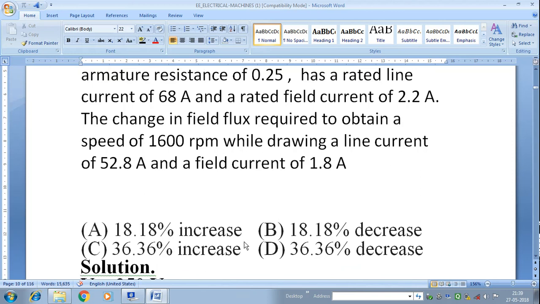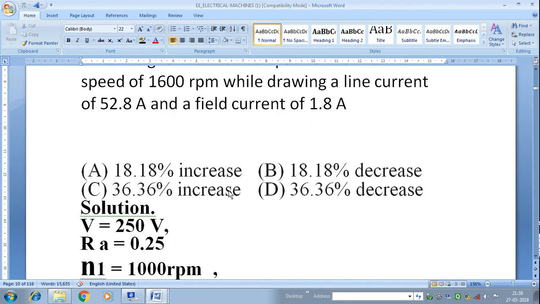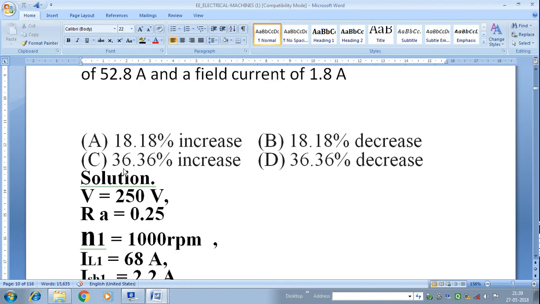There is some mistake, there are two options with the same value. There is some printing mistake. The actual answer is approximately 36%, that is 36.36%. So this option has another value, and this one also has another value.